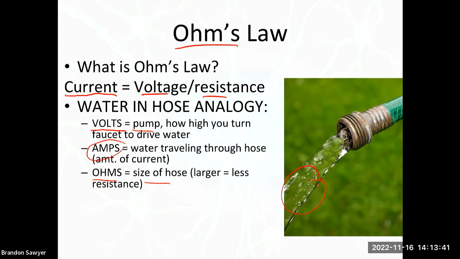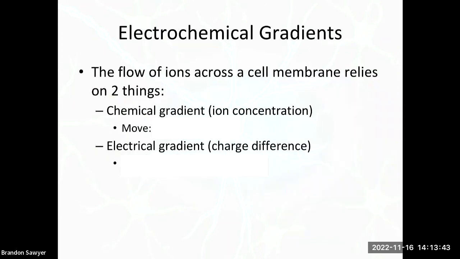So we're going to talk about how this makes sense for what we're going to lead up to next time, which is talking about action potentials. We talked about this recently, but this idea of the flow of ions across the membrane is electricity, and that's going to rely on two things. The first one is the chemical gradient.